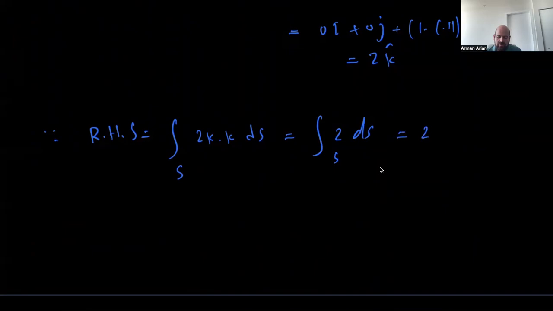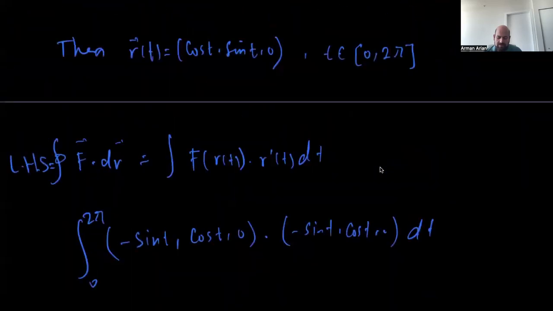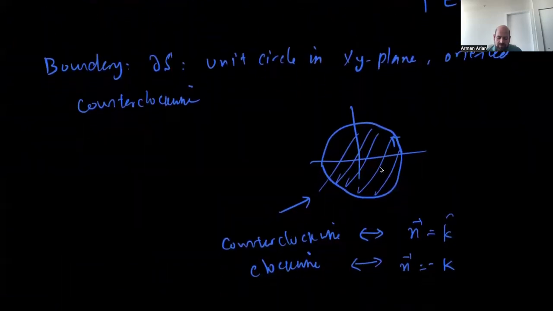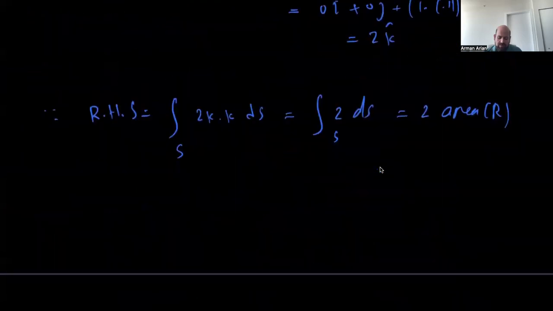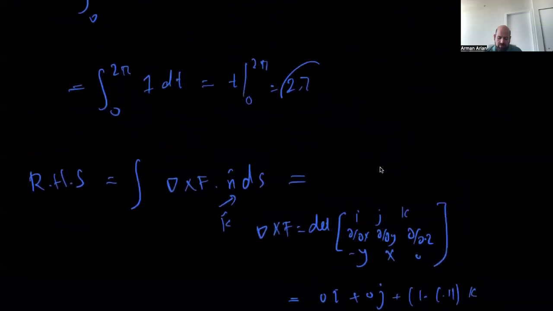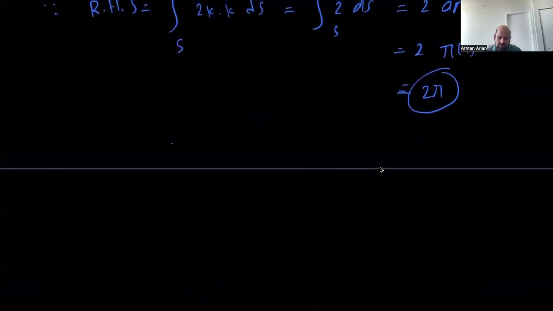So this is 2 times the area of R. And what was R? R was the unit disk with radius 1. So the area will be 2 times pi times 1 squared, or 2 pi. We got 2 pi from both sides, so the left-hand side equals the right-hand side, and we verified the theorem for this simple example.